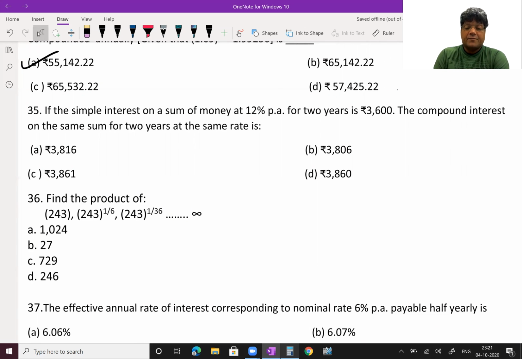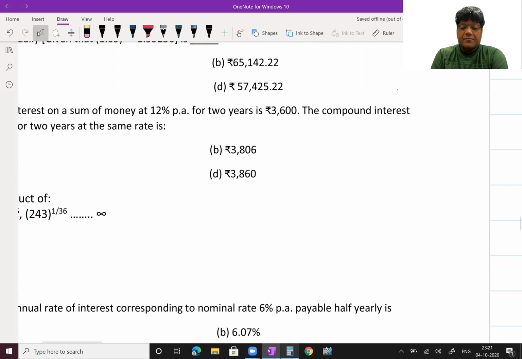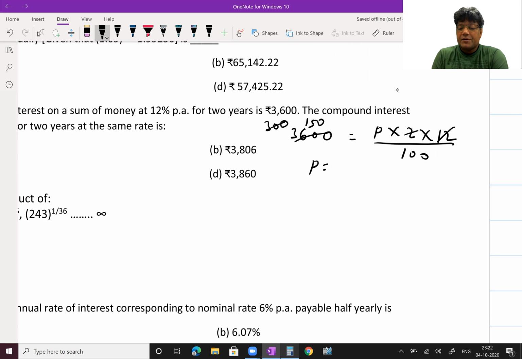What is the simple interest formula? 3600 is equal to P into T, time is 2, rate of interest 12% divided by 100. So 36 and 2 it will be cancelled by 300, 150, 150 into 100, 15,000. So your P is equal to 15,000. Principal you got.